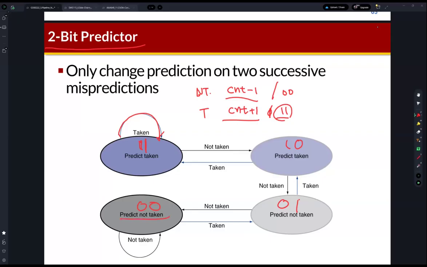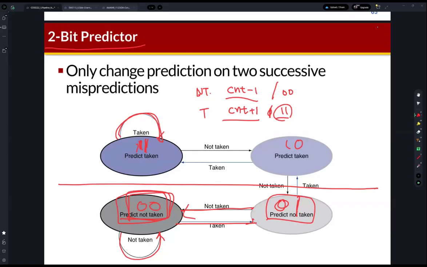It starts from 00, and if the branch is taken, it is increased by 1, so it becomes 01. And if the branch is not taken, then it is decreased by 1. But if the current value is 00 and the branch is not taken, it is still 00. Also, if the current value is 11 and the branch is taken, it is still 11. It's saturated.